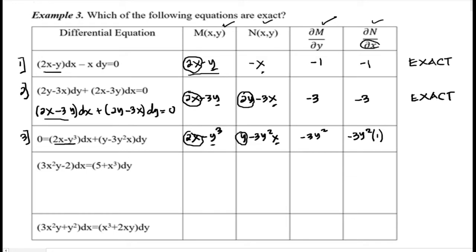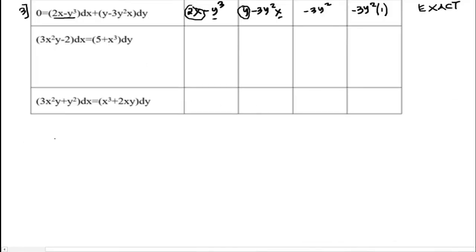Again, the two partial derivatives are equal, so this third differential equation is exact. In our fourth differential equation, we need to write the given differential equation into a standard form.